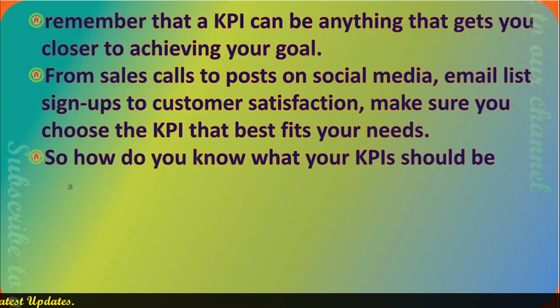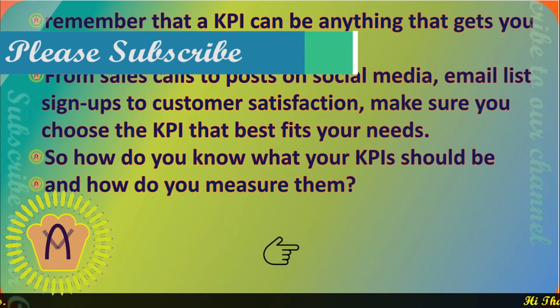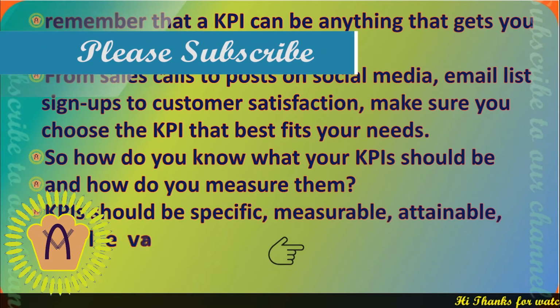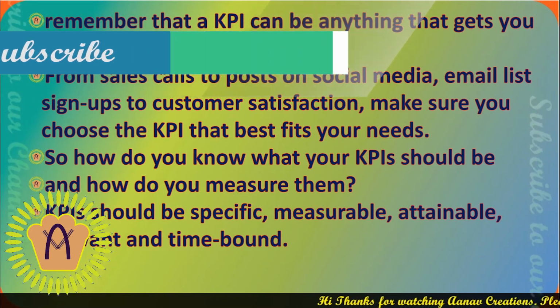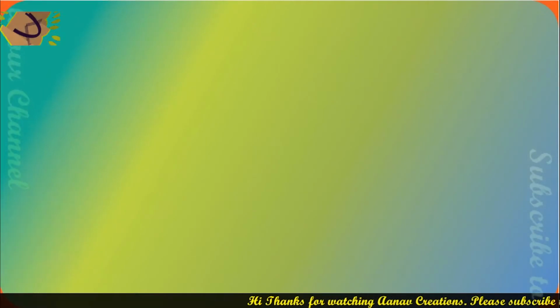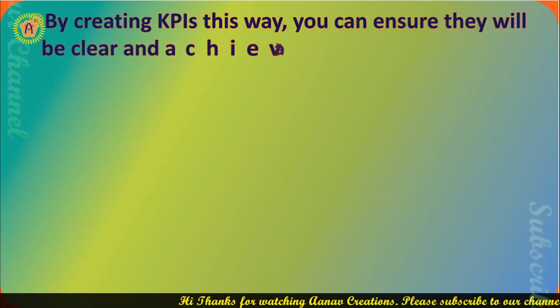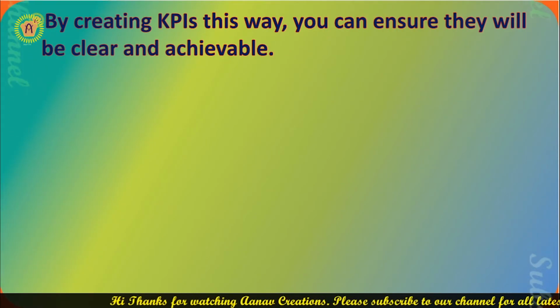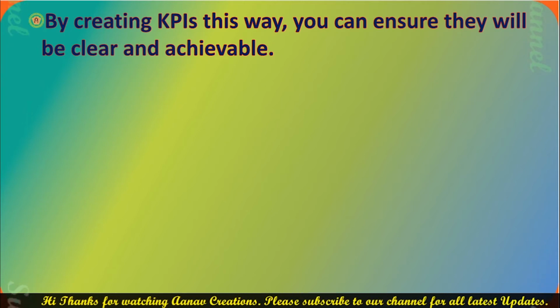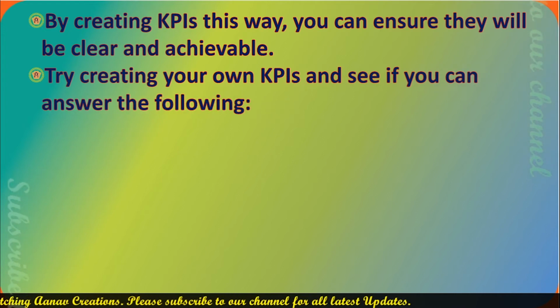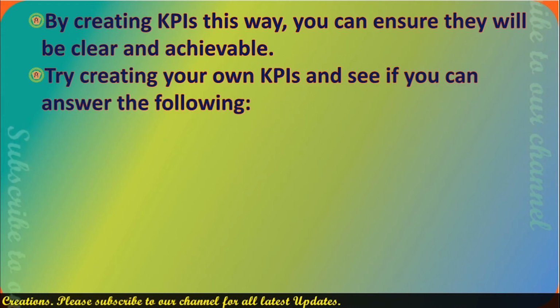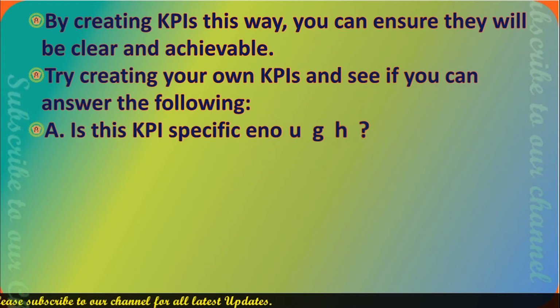So how do you know what your KPI should be, and how do you measure them? KPIs should be specific, measurable, attainable, relevant, and time-bound. By creating KPIs this way, you can ensure they will be clear and achievable. Try creating your own KPIs and see if you can answer the following.